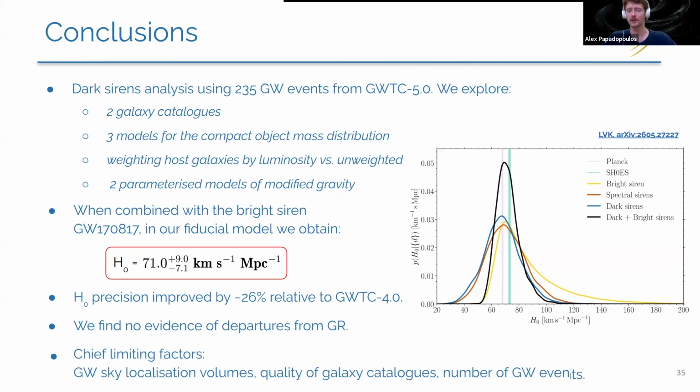And lastly, something that's not on the slide here is it would be very helpful if we observed any more bright sirens. GW170817 is a hugely informative event in that yellow curve. We've only observed one, and actually this catalog is quite an interesting time in gravitational wave cosmology because it's the first time that our dark sirens in blue are actually contributing more information to our overall constraint than the bright siren.